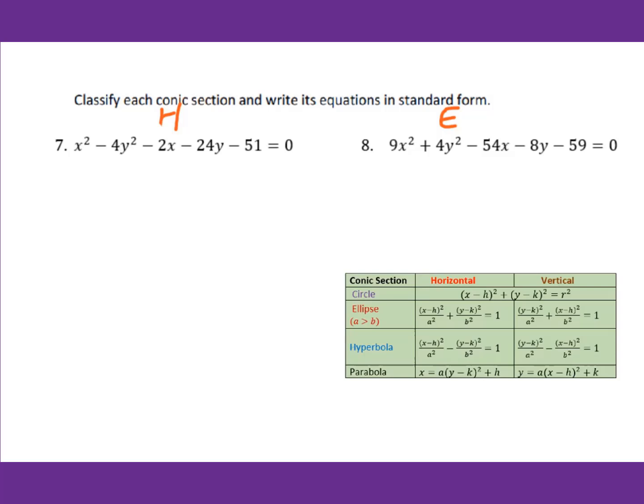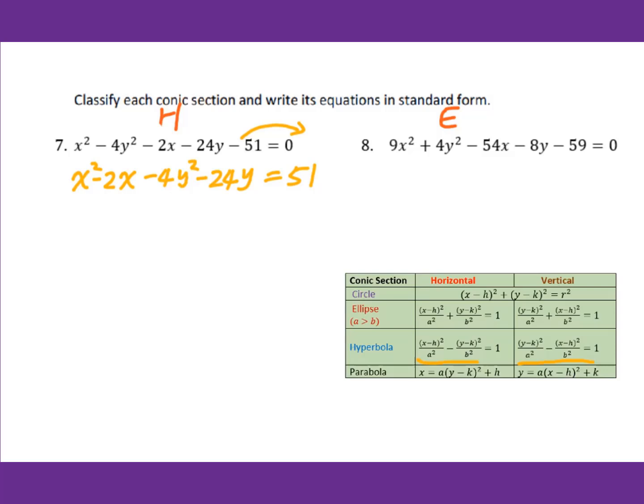The standard form for a hyperbola will be like this. Therefore, I will move all x terms together, y terms together, and the constant to the other side. You will get x squared minus 2x minus 4y squared minus 24y equals 51.